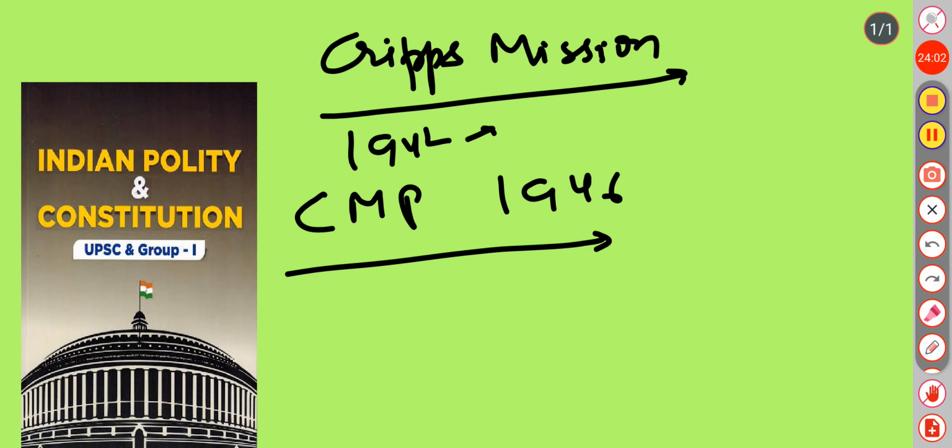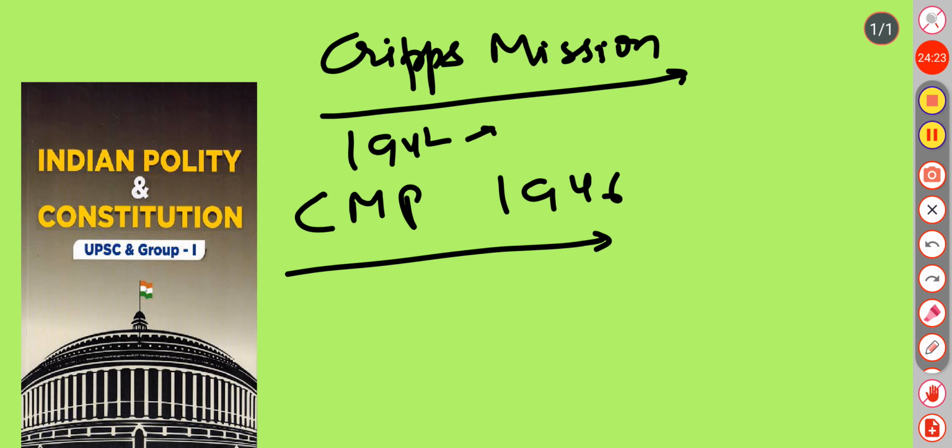According to the Cabinet Mission Plan, there was to be a union of India comprising both British India and the states, having jurisdiction over the subjects of foreign affairs, defense, and communication, and all residuary powers were to be vested in the provinces and states.